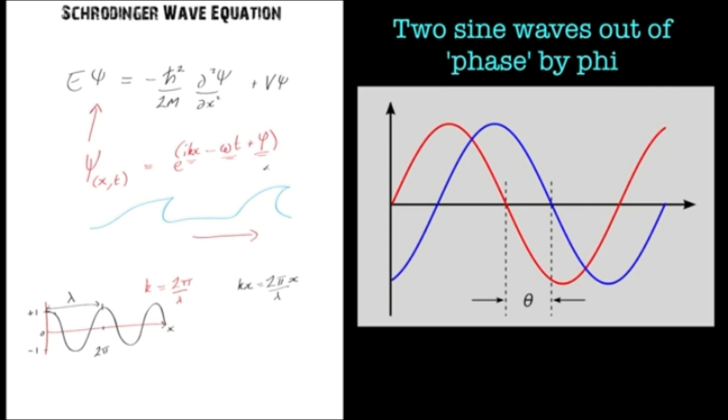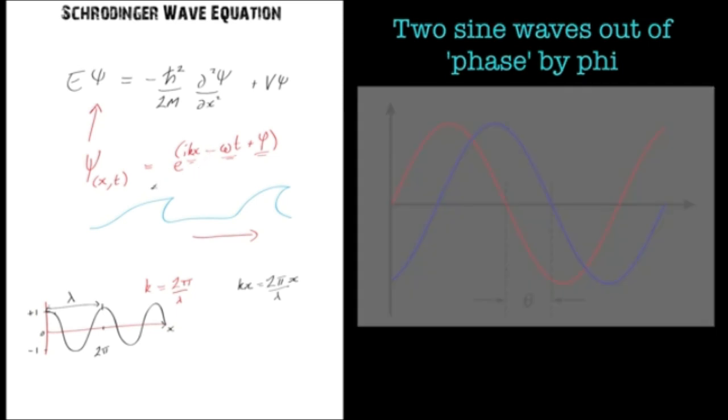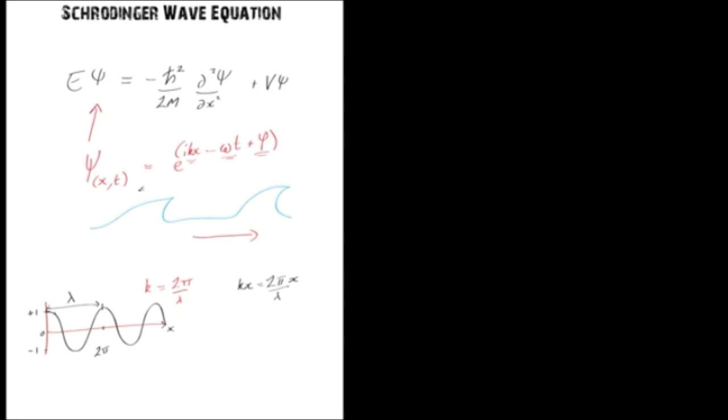We're not going to look at this because we're going to use a wave that's not moving, and we're just going to look at the one-dimensional effects. So this derivation now is going to look at the time-independent Schrodinger wave equation. So we don't need to worry about t now.